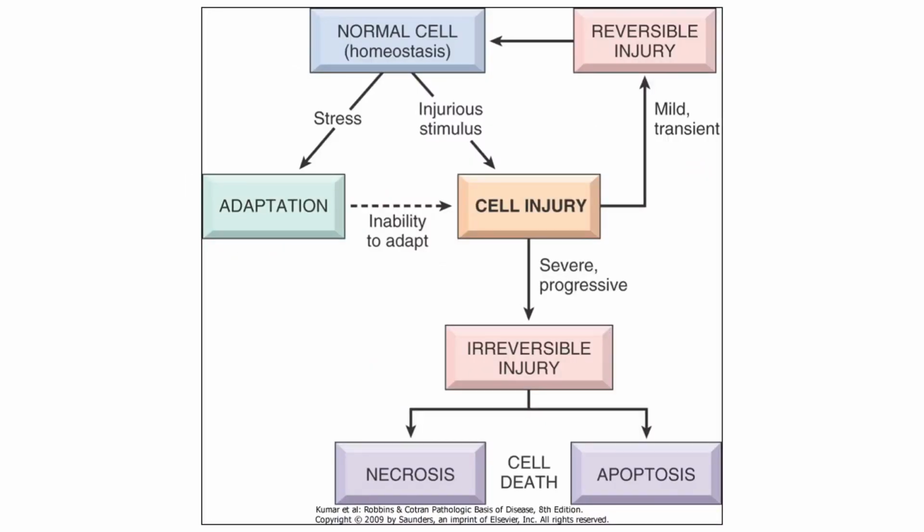So here's another diagram that you can kind of follow along with. So we have a normal cell that's in homeostasis, doing its normal function, happy, healthy, functioning properly. Now when a normal cell encounters stress, it has to adapt. If it can't adapt, it's going to be injured.